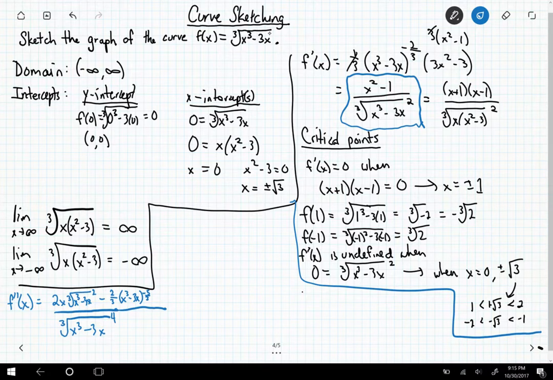Okay, and so with that in mind, what do we have? We got to take the derivative of the inside, so we get 3x squared minus 3. Once again, that'll start to cancel, and then we have an x squared minus 1.